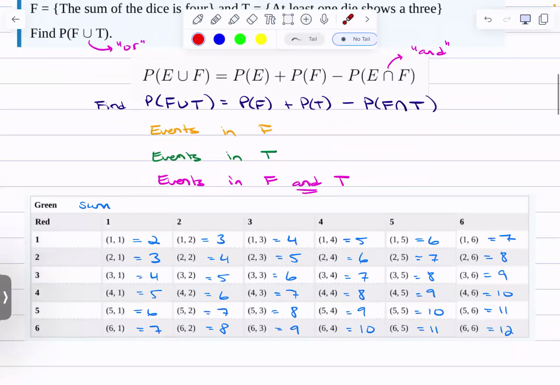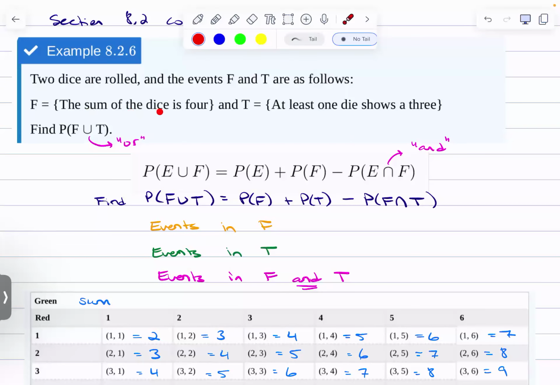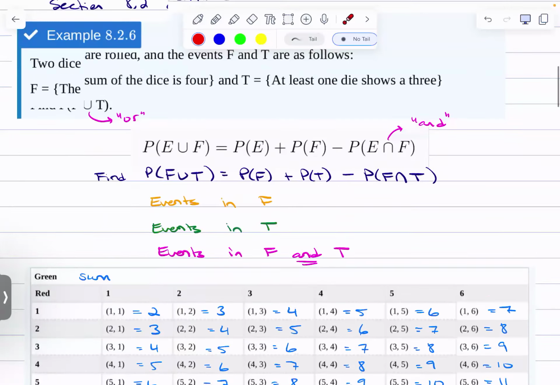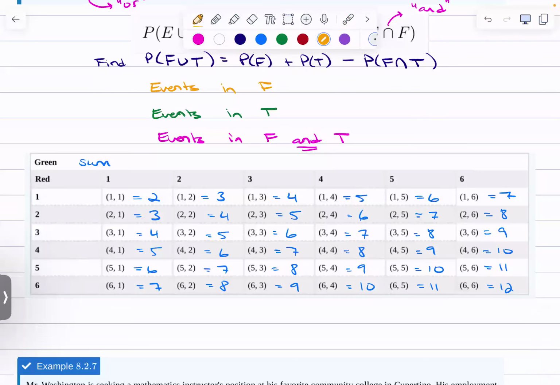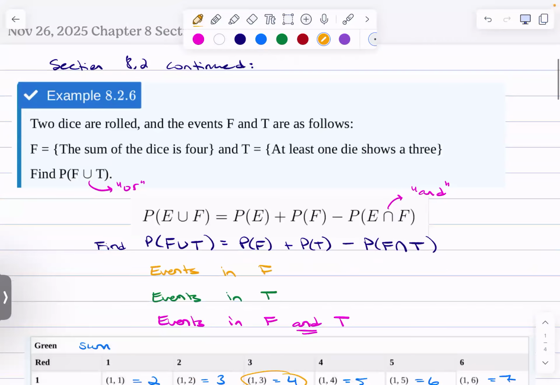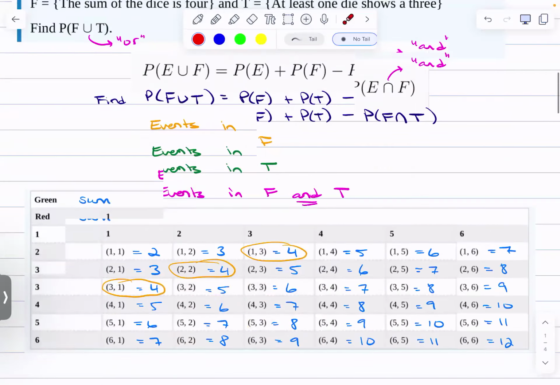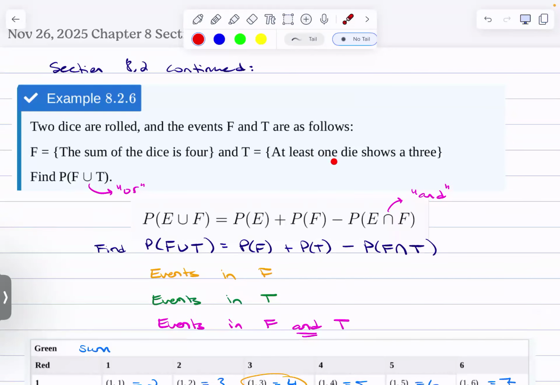All right. F. The sum of the dice is 4. Okay. That happens here, here, here, and I don't see any more. T, at least one die shows a 3. Okay. Now, at least one die means 1 or 2, right?